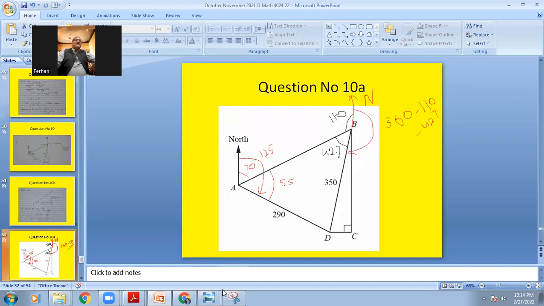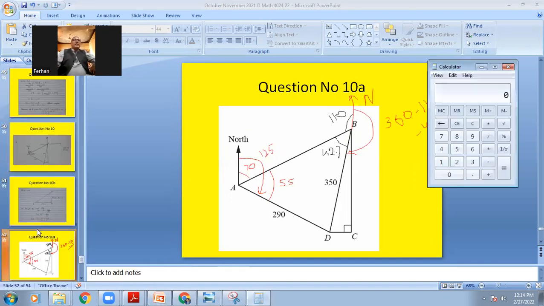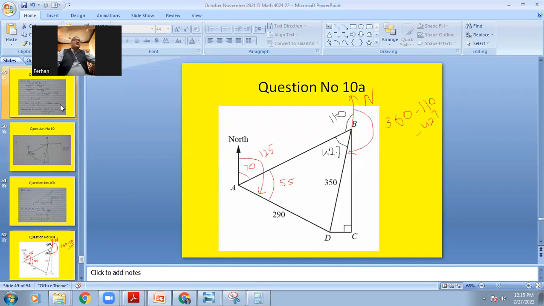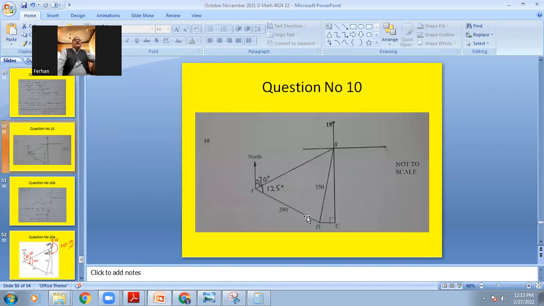Let me show you my strategy. Let me take out the calculator. 360 minus 110 minus 42.7. So 207.3 will be the bearing, and here we go.